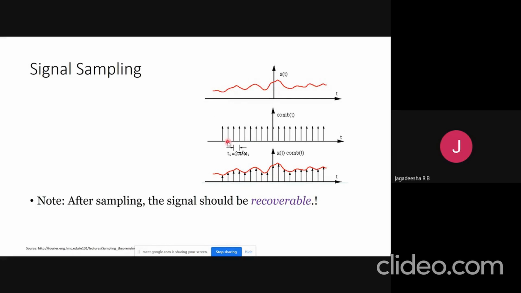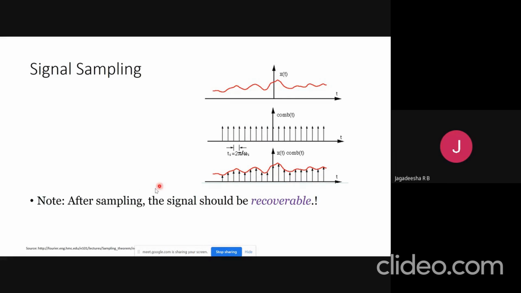For example, if there are only 3 pulses here, one is here, another one is here, and a third one is here, then you will be collecting the value here, here, and here. 3 different instants only you're collecting. Since there are 9 pulses here, you can collect 9 amplitudes from this. That is what's shown here. On the other side also, the same process continues. So this is the idea of sampling.